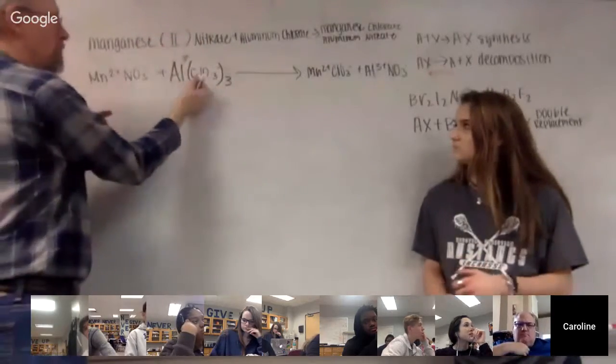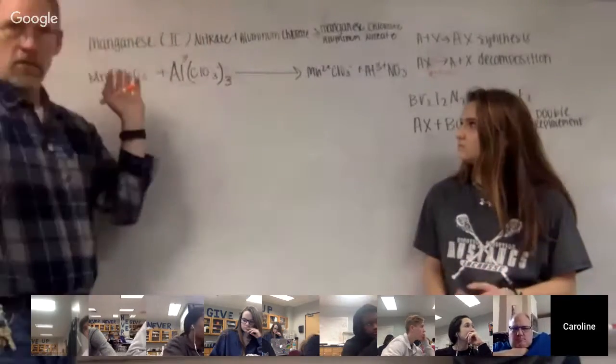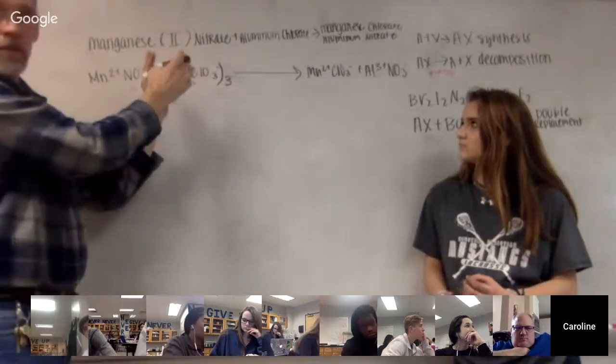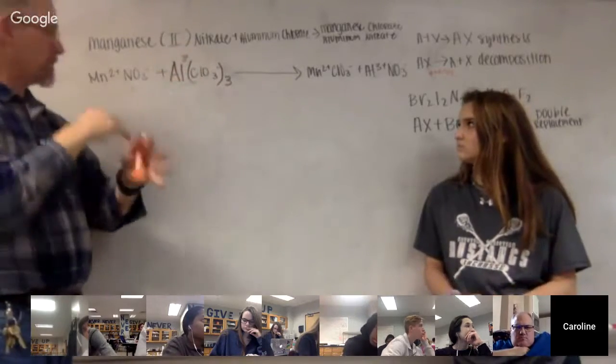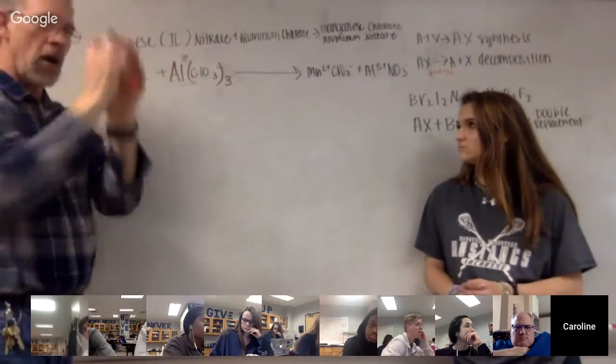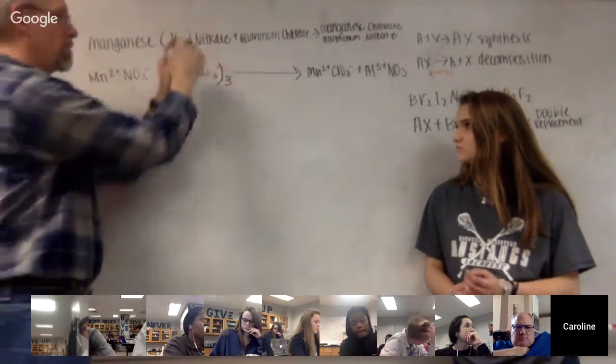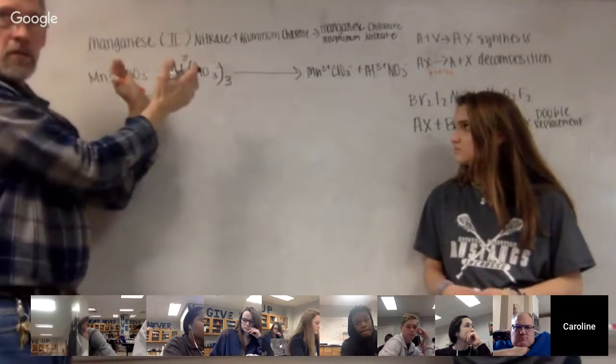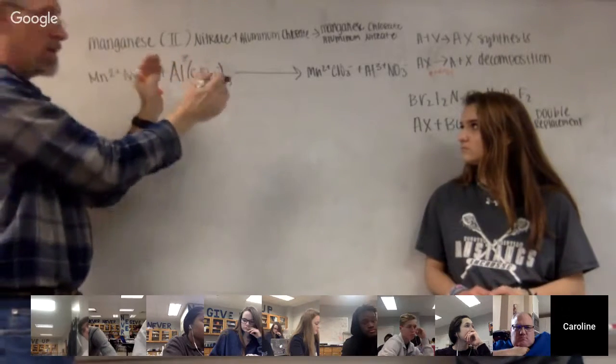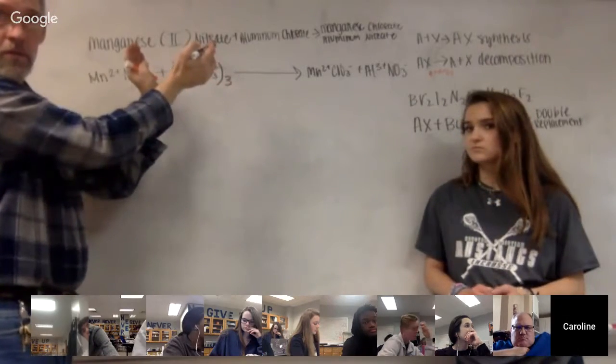You can't stick a 3 in here somewhere because now you're changing it. This always travels as a ClO3. ClO3, ClO3. Always stays as a ClO3. And then if I have more than one, I show that exactly like Mr. Mazel was saying, I use my parentheses to capture all of that.